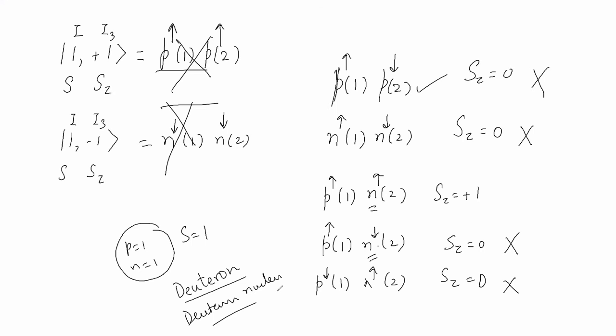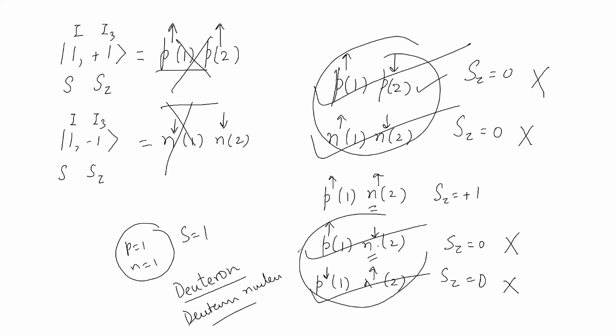Many experiments have been done with the deuterium nucleus. But you don't have a proton-neutron system with S equal to 0. Or you don't have a 2 proton system with S equal to 0. While Pauli exclusion principle allows this. But why do we not have such types of systems?